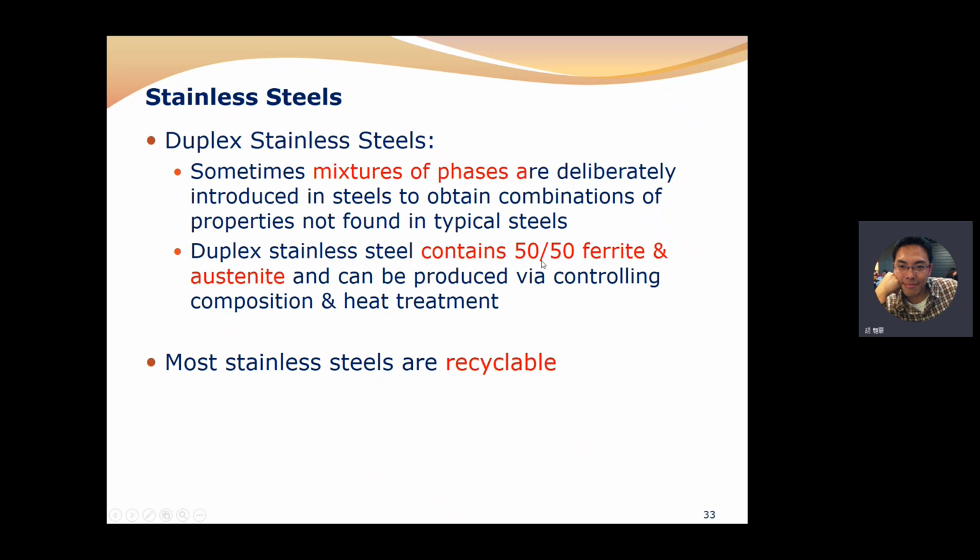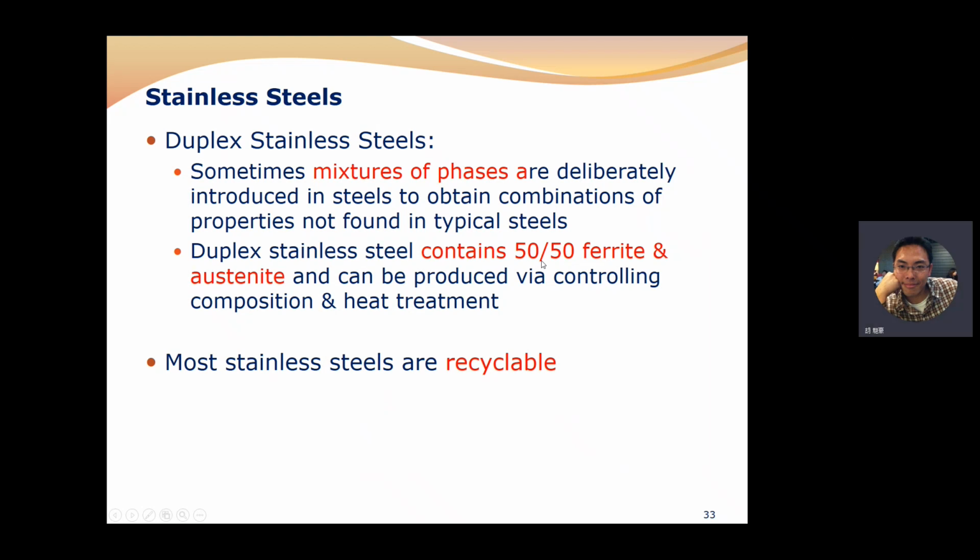And the duplex stainless steels: sometimes mixtures of phases are deliberately introduced in steel to obtain combinations of properties not found in typical steel. Duplex stainless steel contains 50-50 ferrite and austenite.